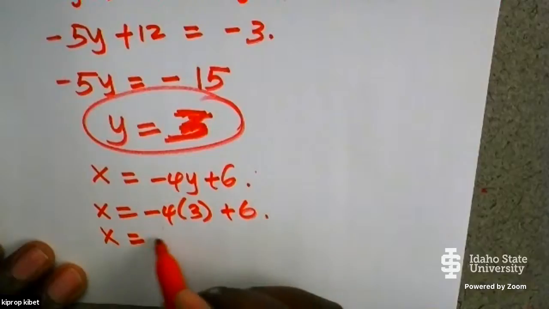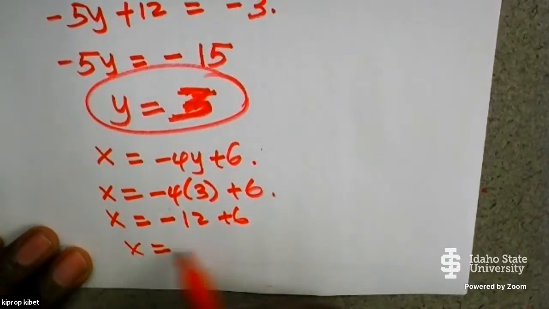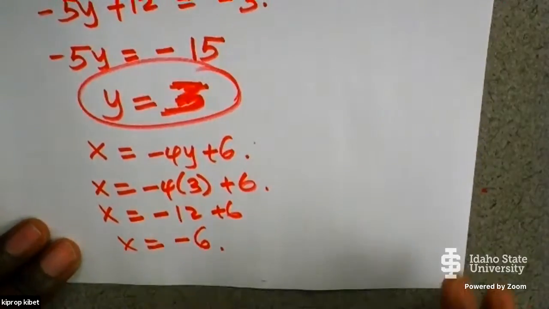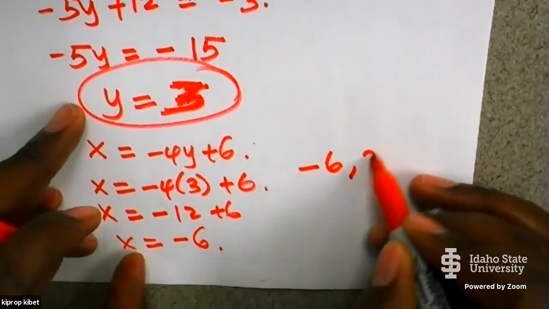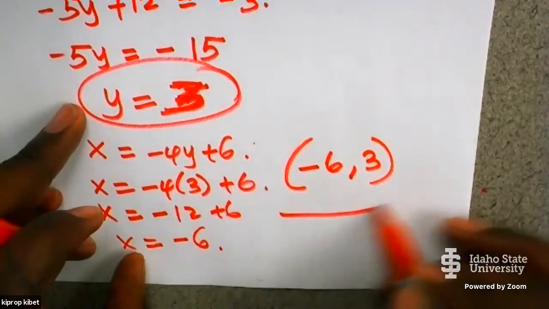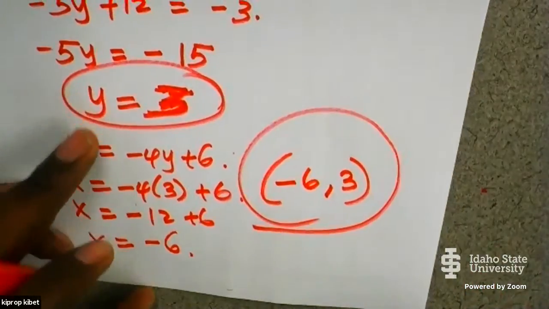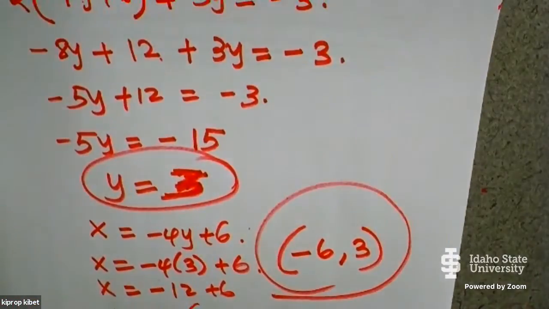So x equals minus 12 plus 6. So x equals minus 6. So our solution is minus 6 and what? 3. That is the solution of our system.